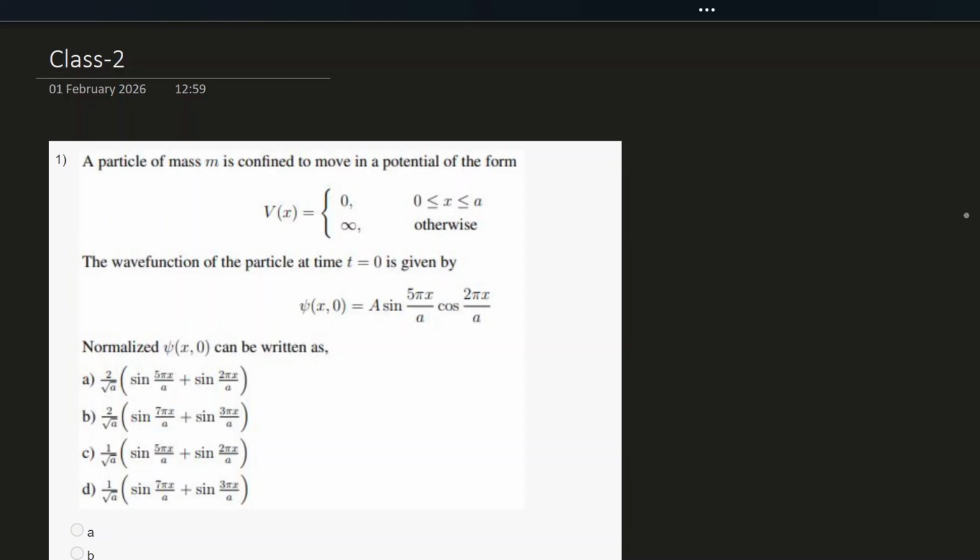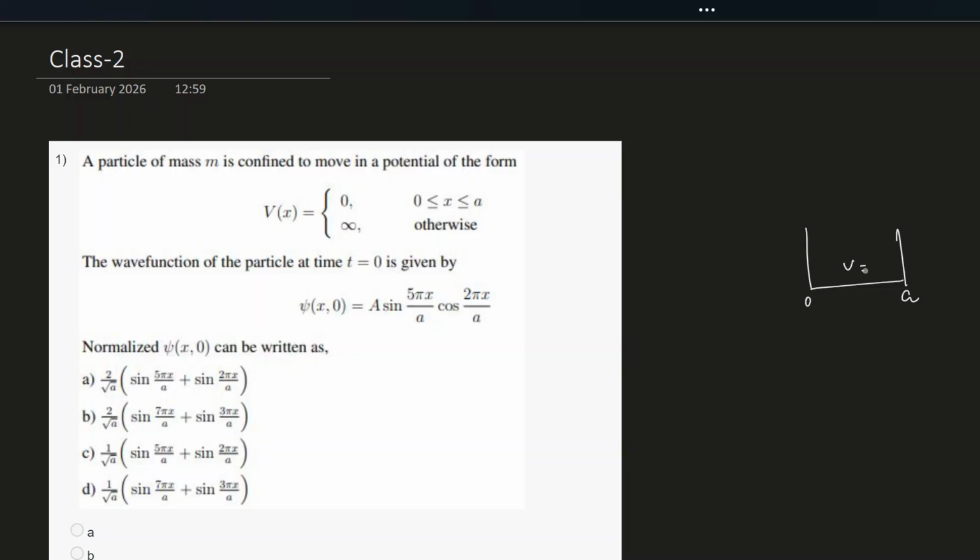Now the first question is, a particle of mass m is confined to move in a potential of the form V(x) equal to 0 when it is between x from 0 to a, and it is infinite otherwise. So from the functional form of the potential, you can guess that it is like an infinite potential well problem, or in other words a particle in a one-dimensional box problem, because the potential is only 0 within a box of size a from 0 to a.